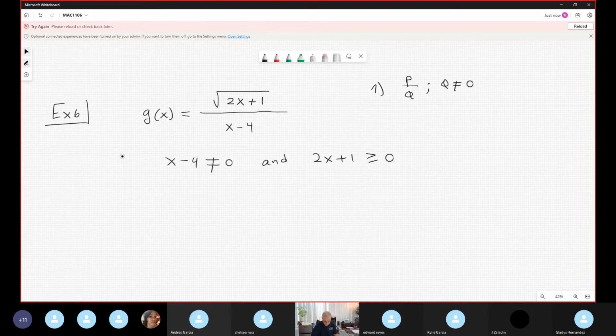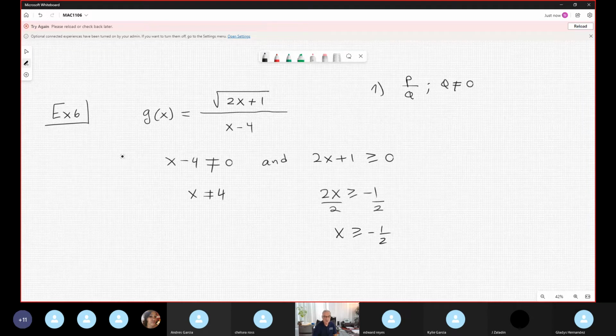It's easy. x is not 4, 4 is an illegal value. And 2x is greater than or equal to negative 1. I move this positive 1 to the right-hand side as a negative 1, and divide both sides by 2. x is greater than or equal to negative 1/2. And remember, when you divide by a positive number, the inequality sign stays the same.